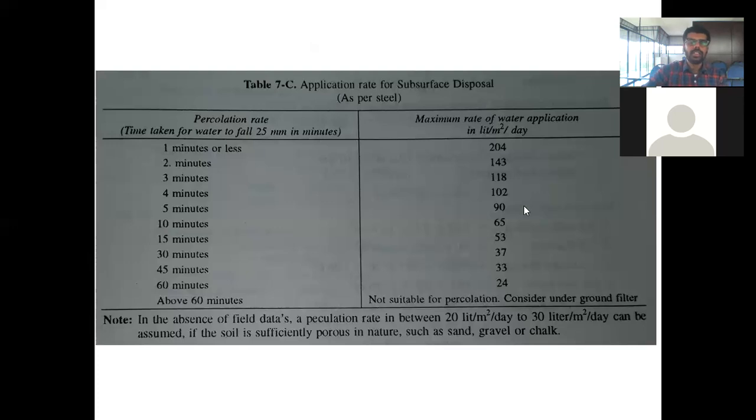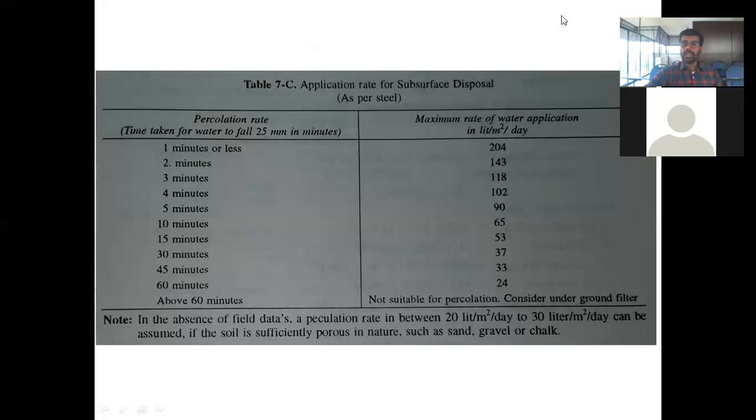So in a project, if you didn't get the percolation rate from the client as a normal value, in the absence of field data, a percolation rate between 20 liter per meter square per day to 30 liter per meter square per day can be assumed, if the soil is sufficiently porous in nature, such as sand, gravel, or chalk.